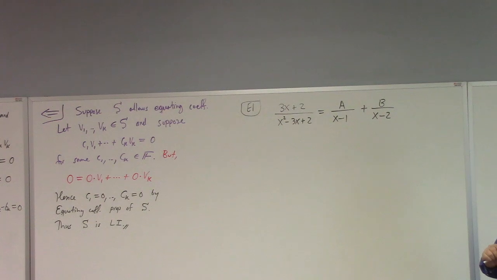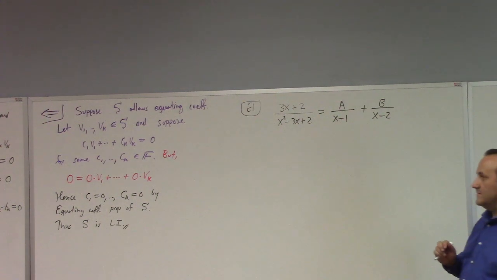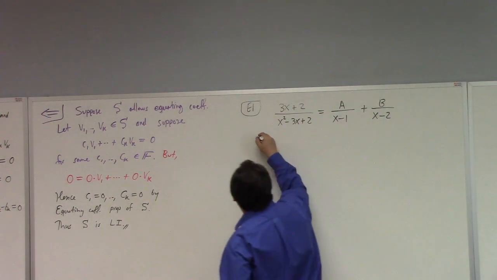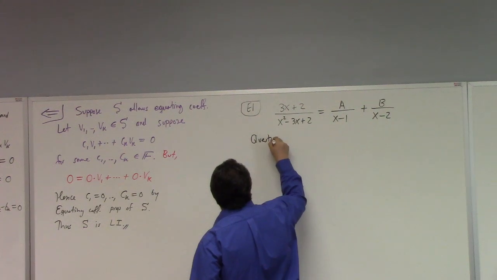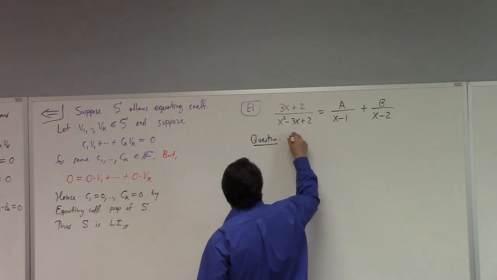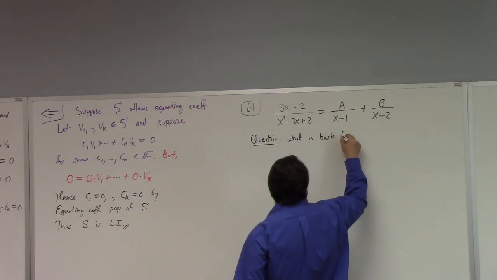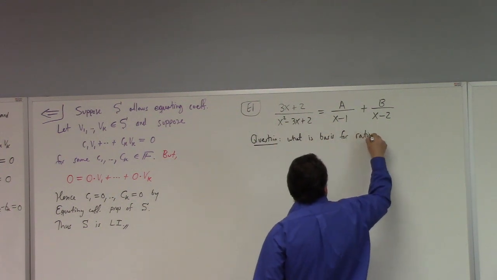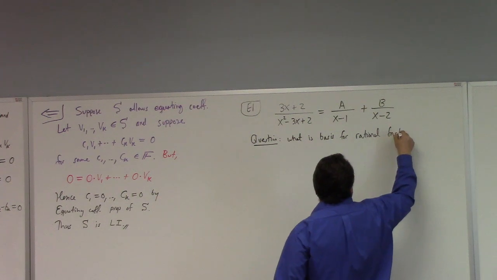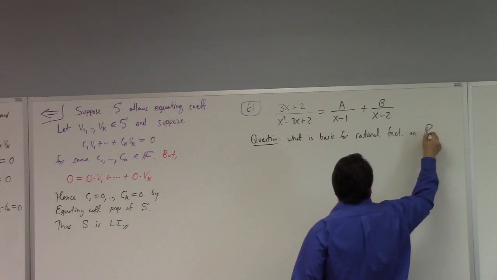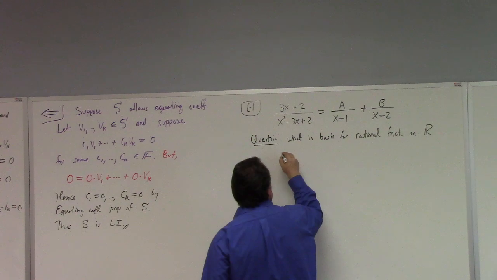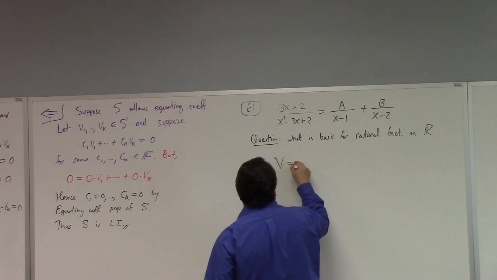So here's a kind of scary question. What's a basis for the set of rational functions over the reals? What's a rational function? Like a polynomial over polynomial. That's a good answer.